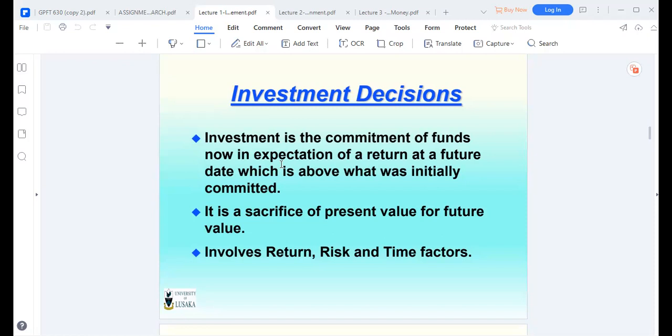So an investment by definition is simply the commitment of funds now in expectation of a return in future at an interest. That sacrifice of an interest is what we call a discount interest rate. So we're going to talk about the different types of interest rates that these financial managers will consider.